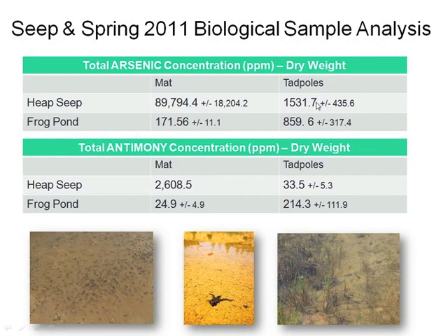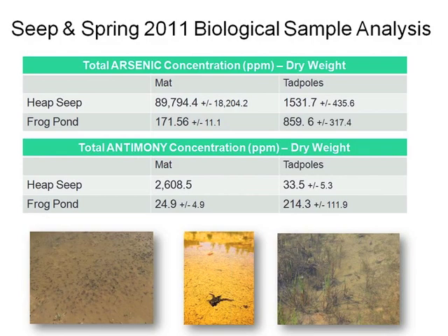And if we look at the tadpoles that are eating the mats, incredibly high whole body concentrations in the tadpoles. In fact, to our knowledge, these are the highest concentrations in living tadpoles that have ever been reported. This is how dense the tadpoles are in some parts of that heap seep. Okay, they just teem in there.